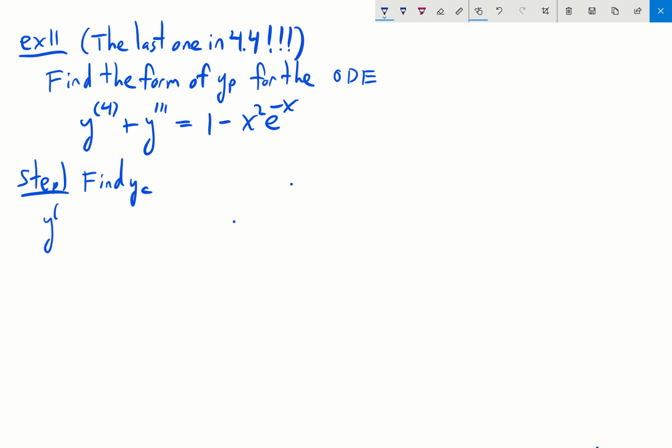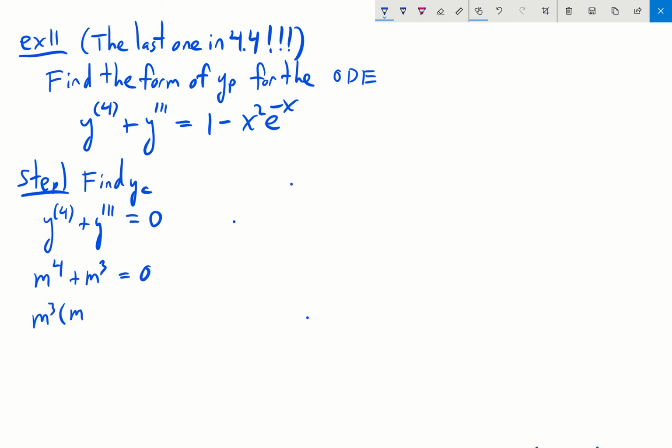So we're going to solve the homogeneous ODE, the fourth derivative of y plus y triple prime equals 0. The auxiliary equation would be m to the fourth plus m cubed equals 0. We can solve this by factoring.